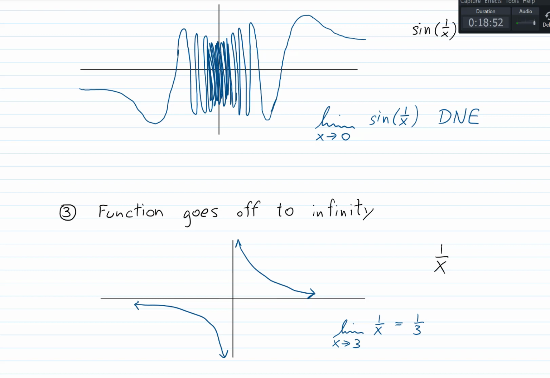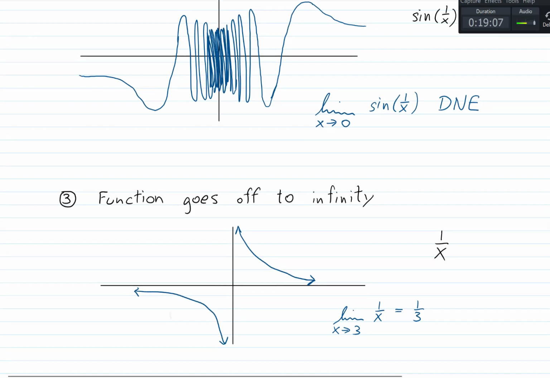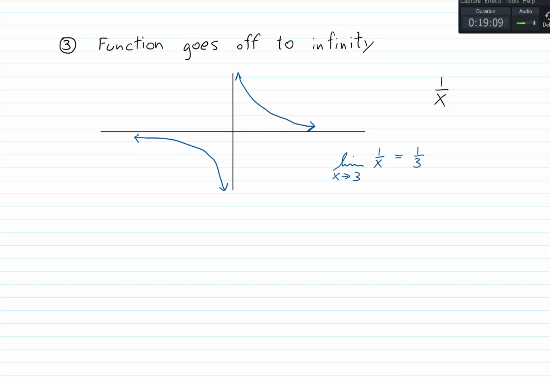Not because 1 over 3 is a third, but because 1 over x approaches 1/3 as x approaches 3. Okay, remember, I always want you to remember that. This does not mean the same thing as this.